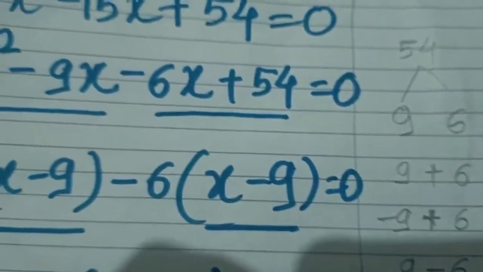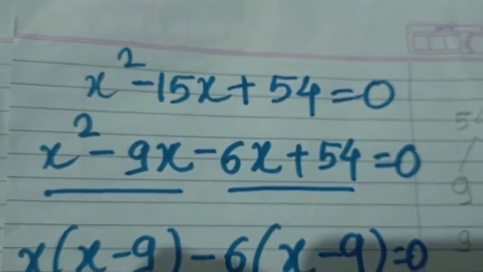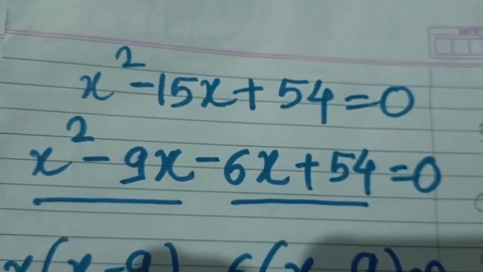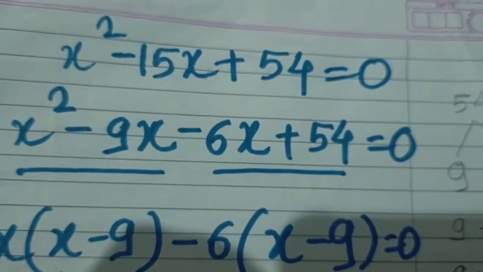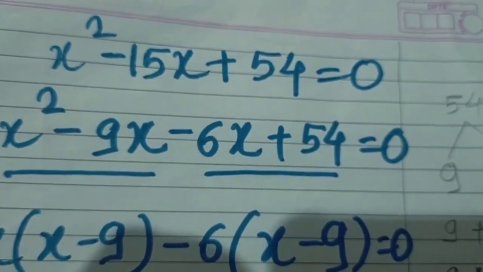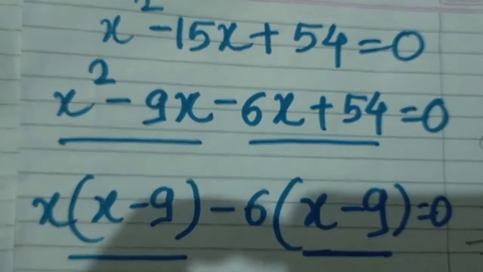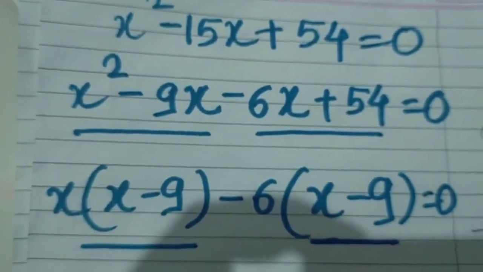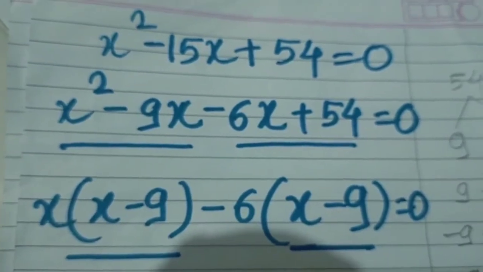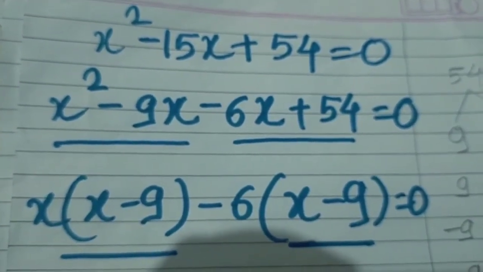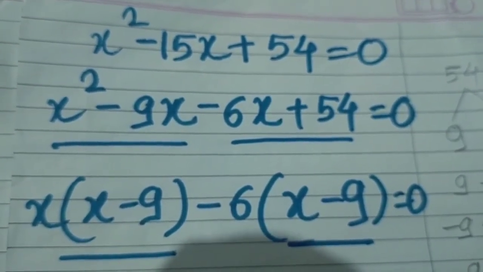Afterward, we have to write the middle term in this way. The equation becomes x square minus 9x minus 6x plus 54 is equal to 0. Here, when we make groups of 2, we get x in a bracket x minus 9.